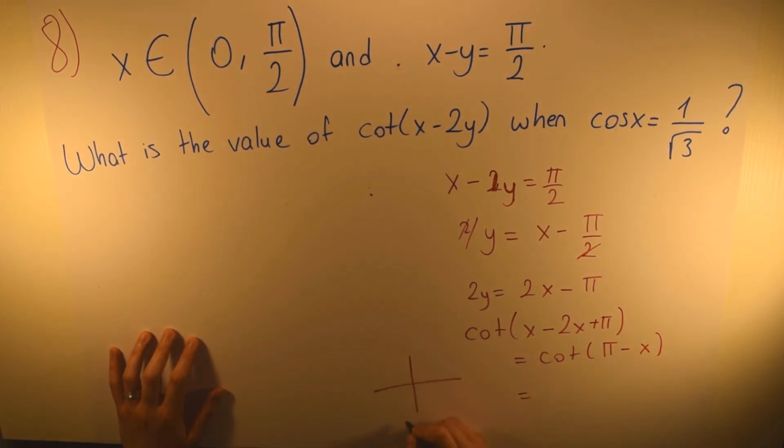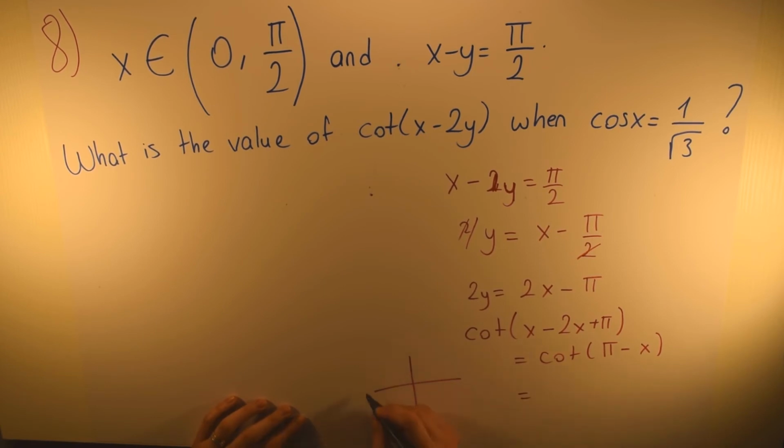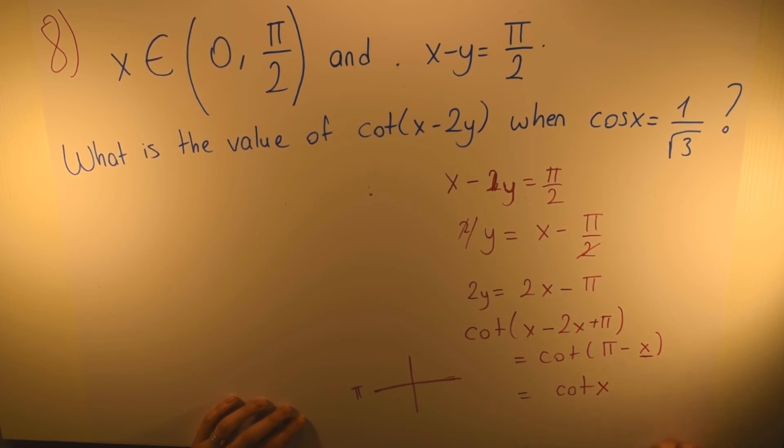So let's find the value of this one. Let's draw our unit circle. So pi is 180, which is here, right? Our function name doesn't change, so it will stay as cotangent, and our angle is x. Let's look at its sign: it's pi minus x, so it will be somewhere here, right? Here our cosine is on the negative side, and our sine is on the positive side, so it's minus over positive, it will become minus.